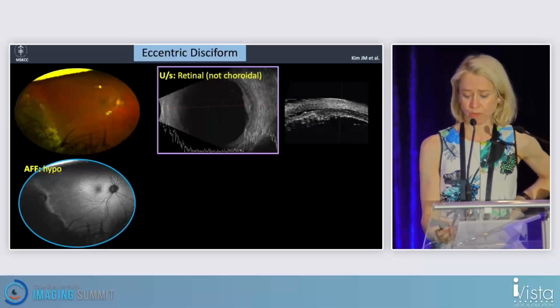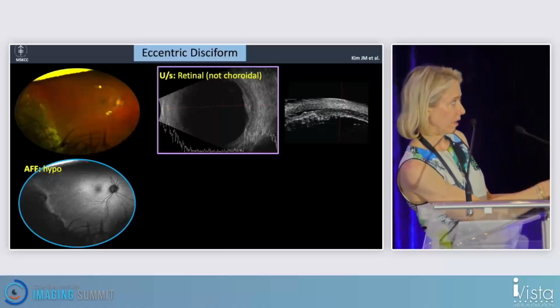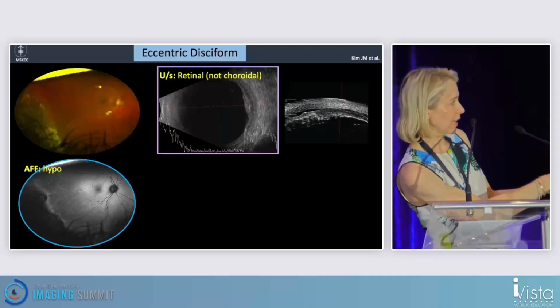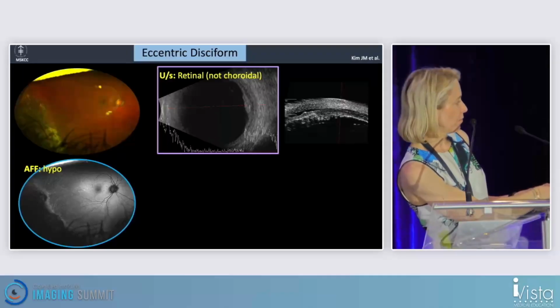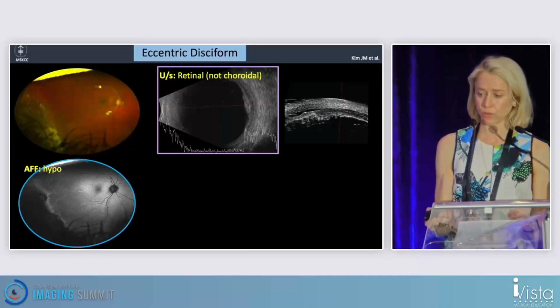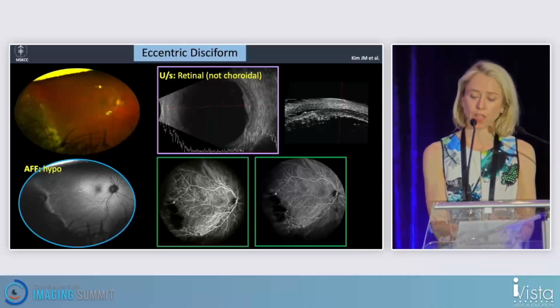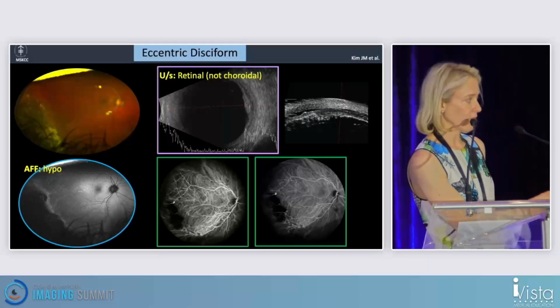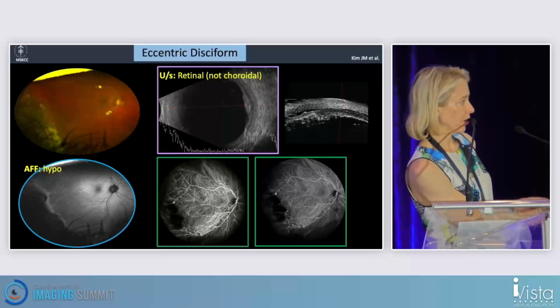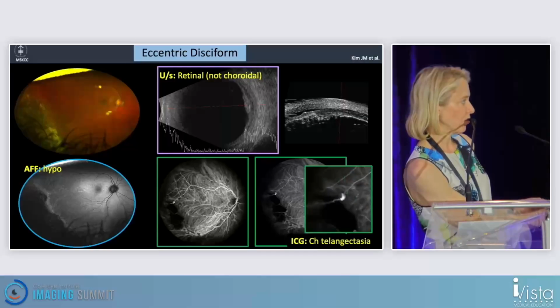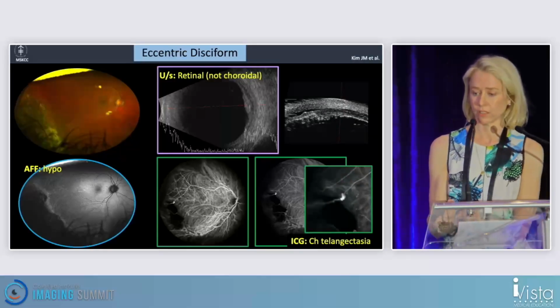On the ultrasound, you can tell here that if you track the choroid around, this is really in the retina. Because it's so peripheral, we do a UBM, which does not show any involvement of the ciliary body. And on ICG, it's largely quiet, but sometimes you can see these choroidal telangiectasias.